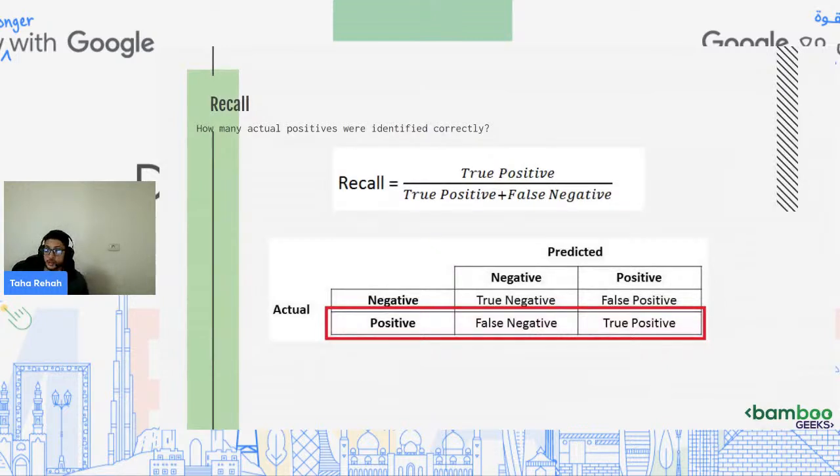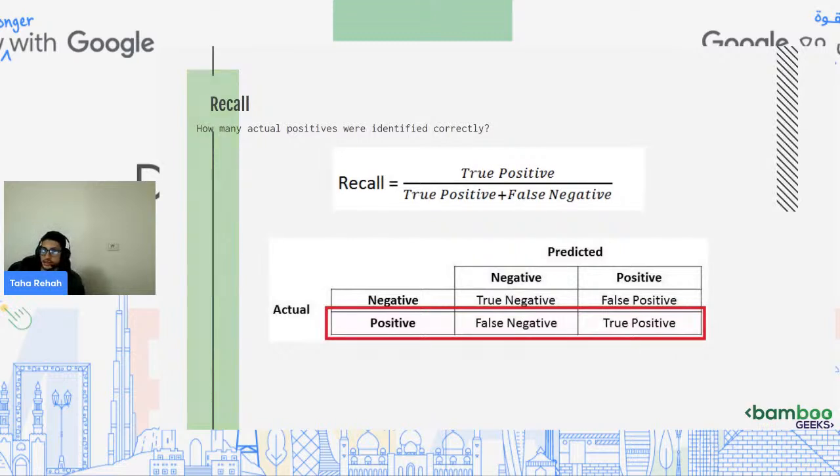We talked about accuracy, which is the total correct predictions out of all the predictions. The precision is how many of the positive predictions I made are correct. The recall is how many actual positives are correct.